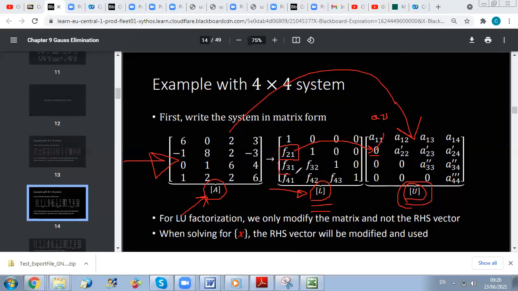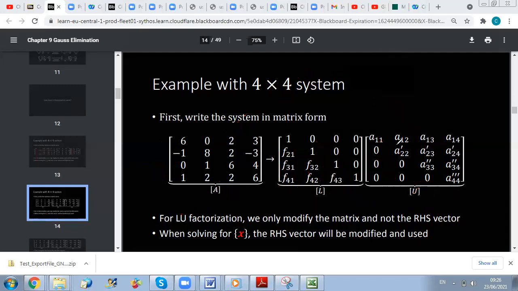F31 is the factor used for forward elimination of this term, and F41 of that term. F32 is for this term, F42 for this one, and F43 for forward elimination of A43. So when you perform forward elimination, you will be calculating these factors.